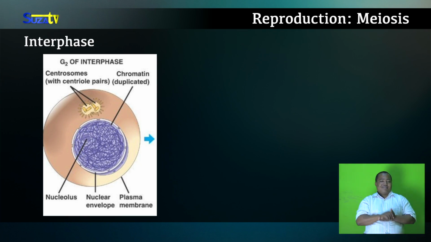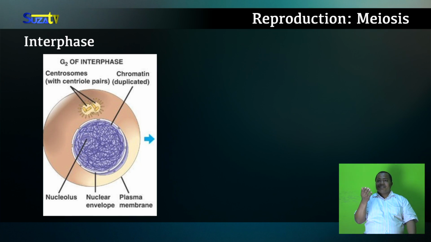In this stage, parent cells prepare for cell division. That's why this stage is called the preparatory stage. A lot of preparation takes place in this stage. Can you identify the occasions taking place in this stage, my dears?